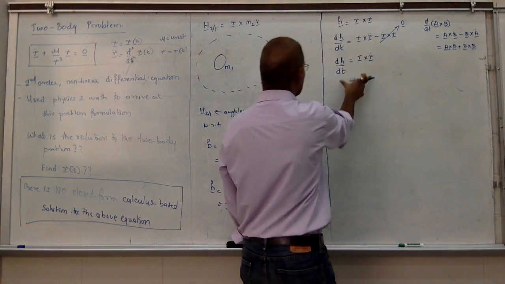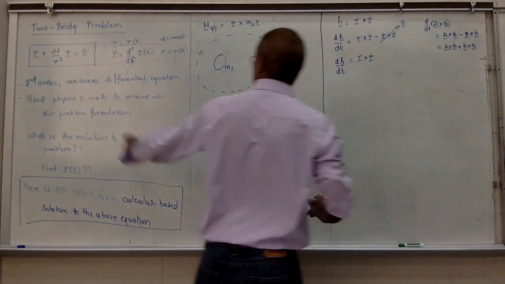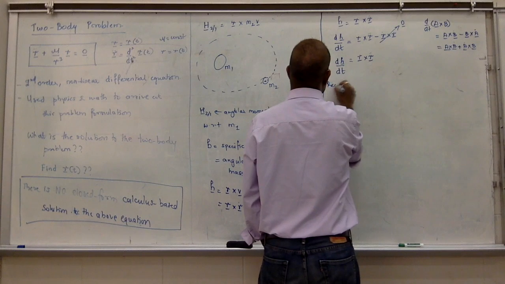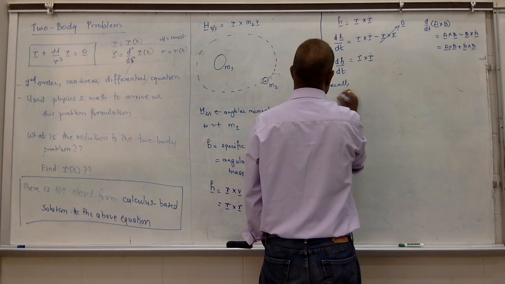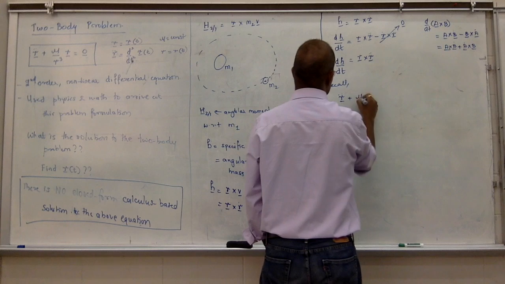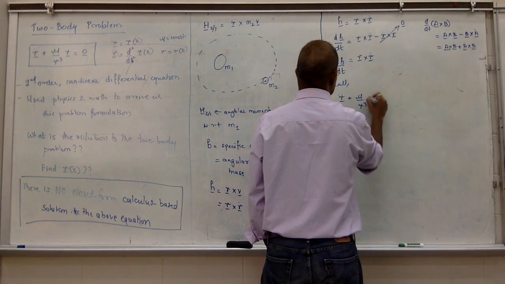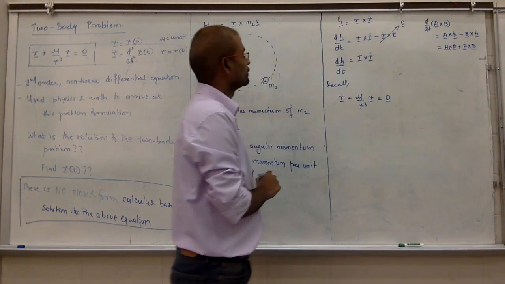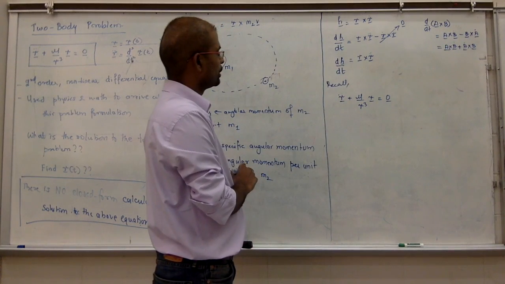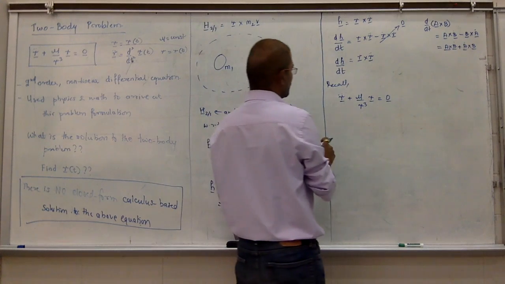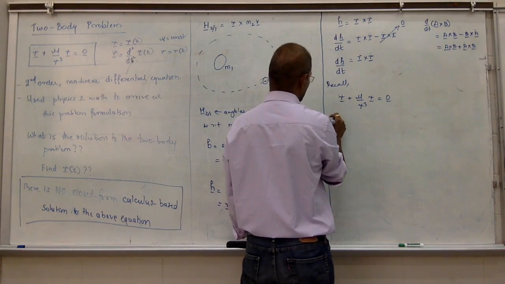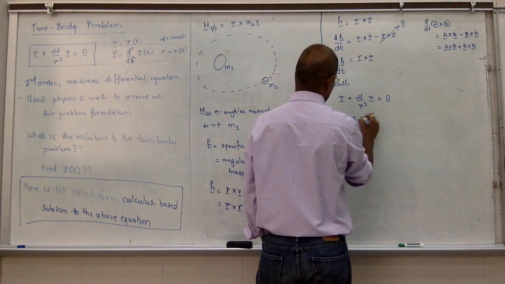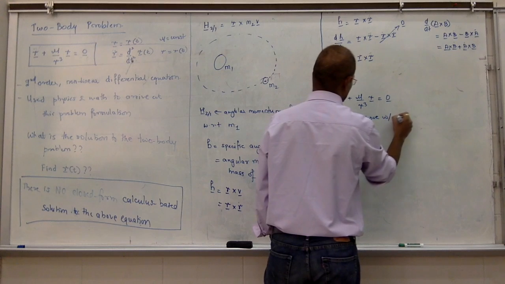Now, how do we show that this is 0? Look at this, okay? Recall r double dot plus mu over r cubed r is equal to 0. Pre-cross the above with r.